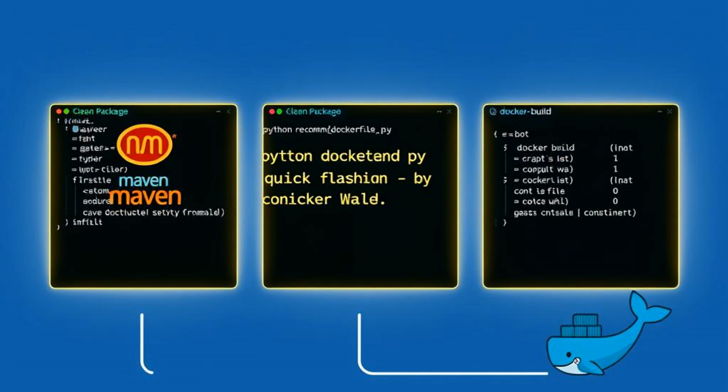Beyond multi-stage builds, the AI-recommended Dockerfile introduces critical security and performance enhancements. A prime example is the shift to running the application as a non-root user. Our AI-generated Dockerfile includes commands to groupadd and useradd a dedicated user, typically named spring, and then explicitly switches the USER directive to this non-privileged account.